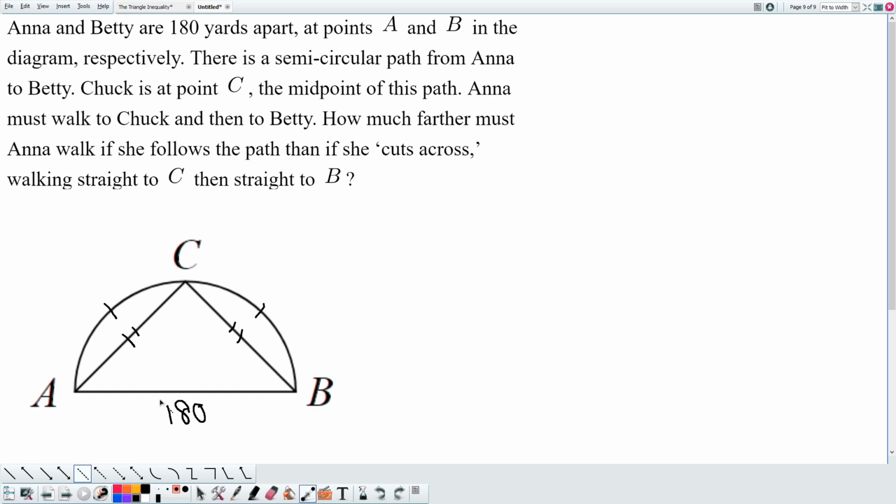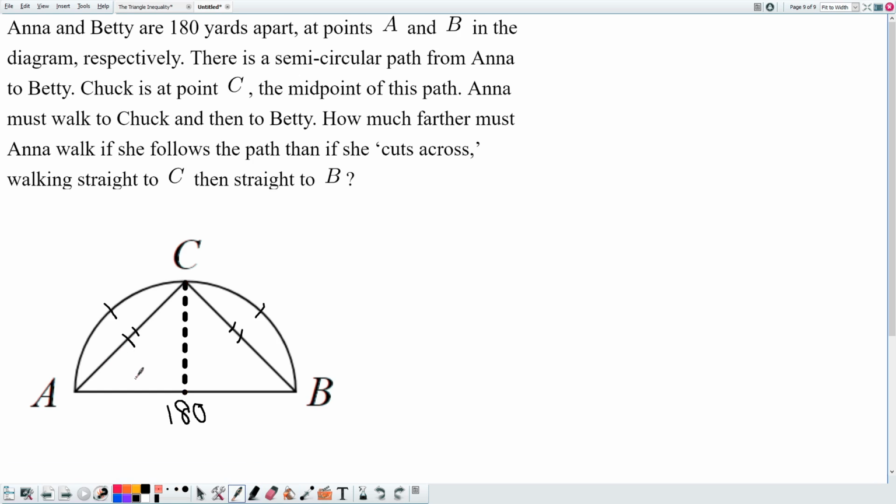So maybe something we could do is drop the altitude, which would cut each section into 90 and 90, and make a right angle. But even then, we're still kind of stuck. So what can we possibly do to figure out this problem?